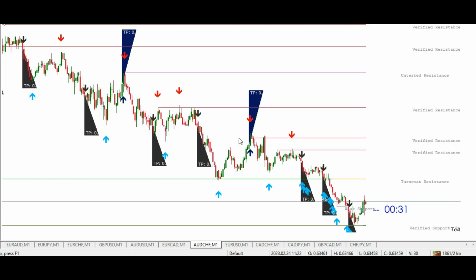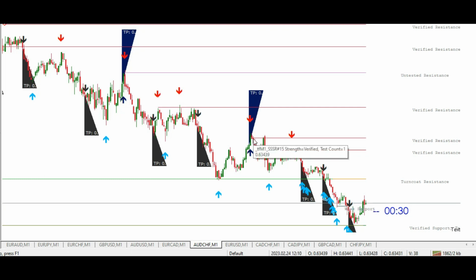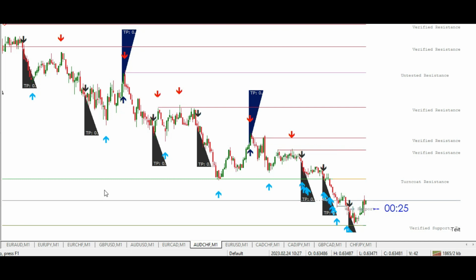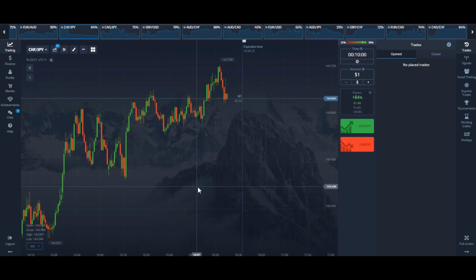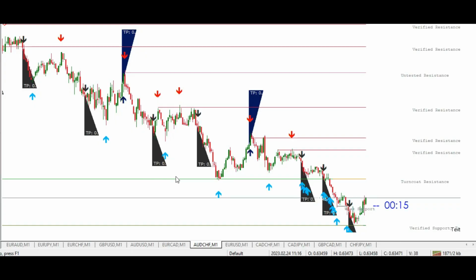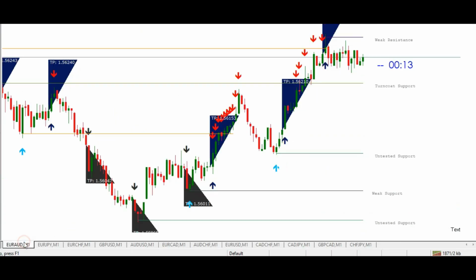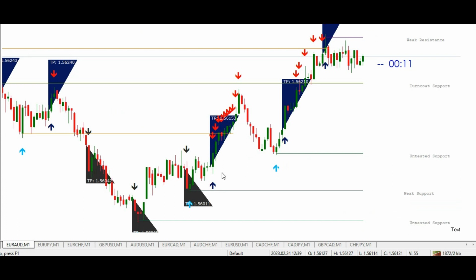You can use it for Forex, and also for binary Pocket Option, IQ Option, Quotex, or any other. This indicator which I got and installed, I'm using it for binary options.